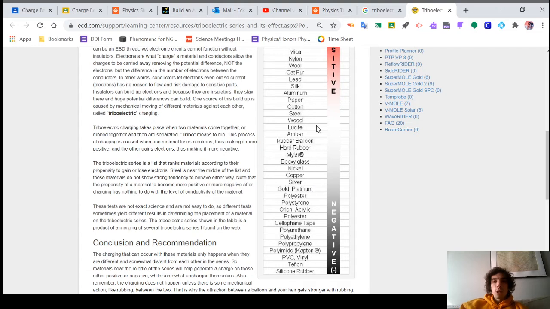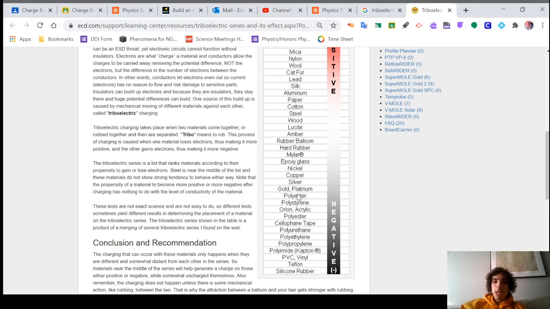Now, if we're using a triboelectric series table like this, let's say that we rubbed together lead and nickel. Nickel is lower on this table. It has a higher electron affinity. So our nickel is going to become negative, and the lead is going to become a little bit positive.